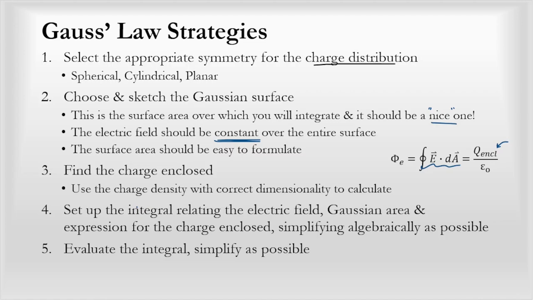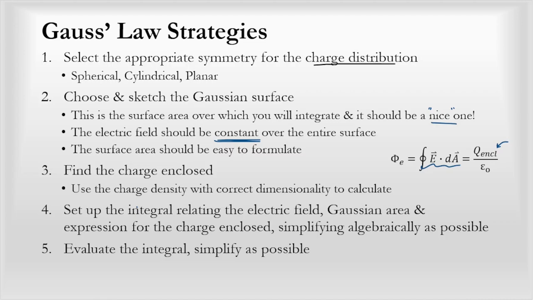Once you know that stuff, you can set up the integral relating the electric field, Gaussian area, and the expression for your charge enclosed and simplify algebraically. At this point, you're not really doing an integral. What you're doing is integrating over a known area, so you just know the formula. The result of the integral is the formula of an area.